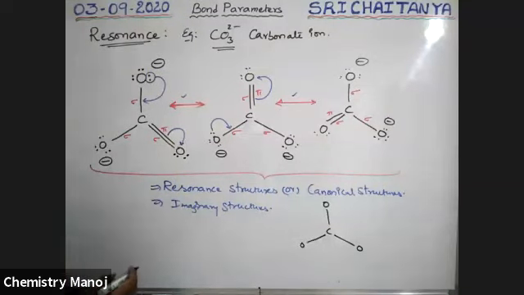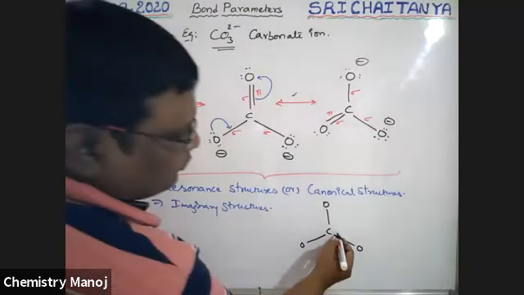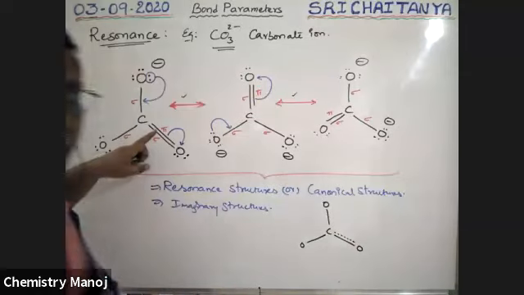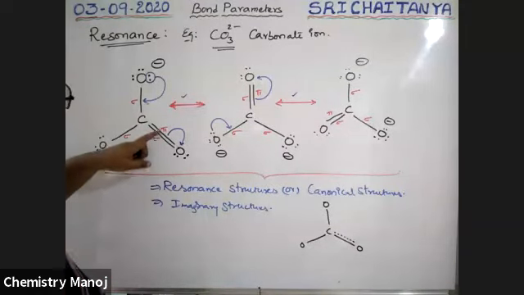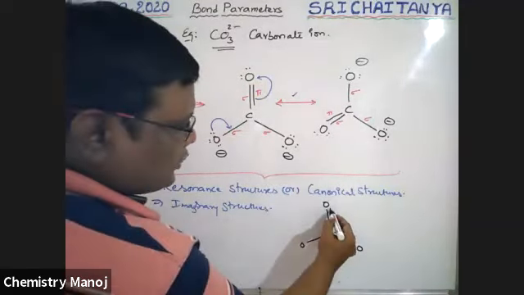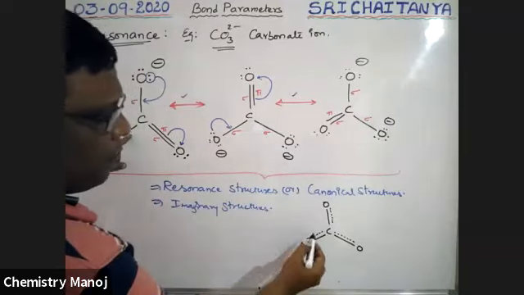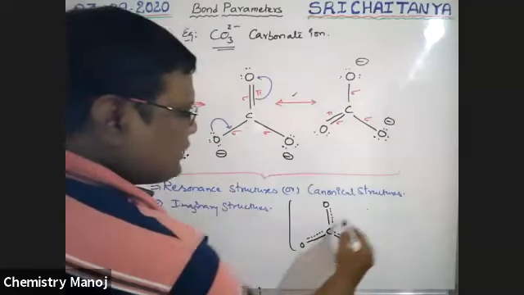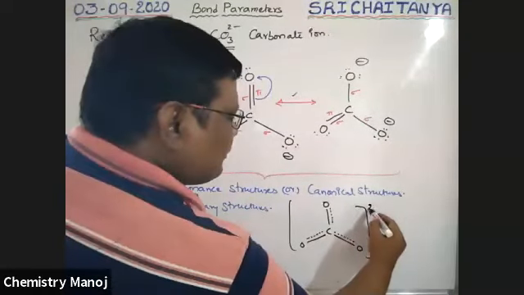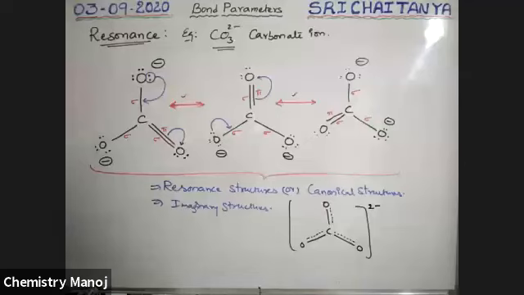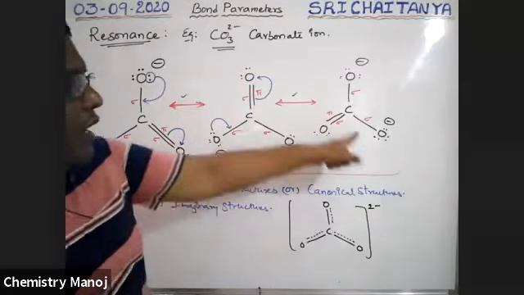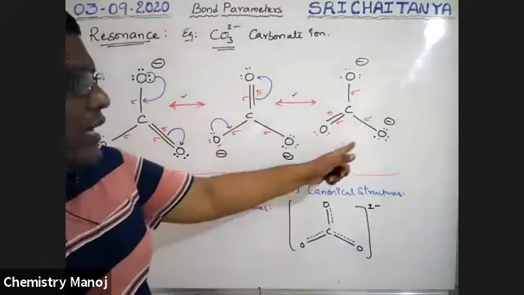So see here, sometimes the pi bond is here, sometimes the pi bond is here, and here also a pi bond possibility is there. That means this is with 2 minus charge. This is the combination of all these three structures, which are called resonance structures.